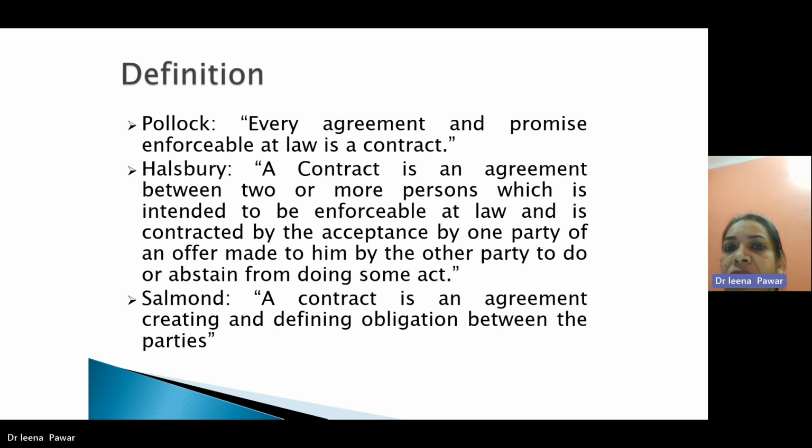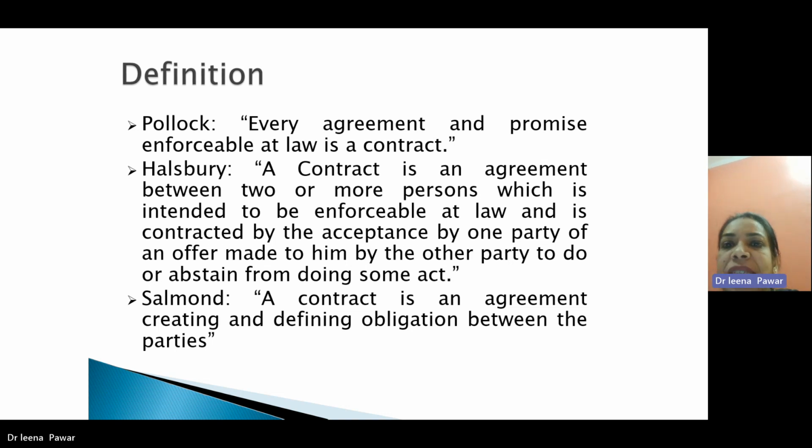The definition given by Halsbury says a contract is an agreement between two or more persons, intended to be enforceable at law, and is constituted by the acceptance by one party of an offer made to him by the other party to do or abstain from doing something.